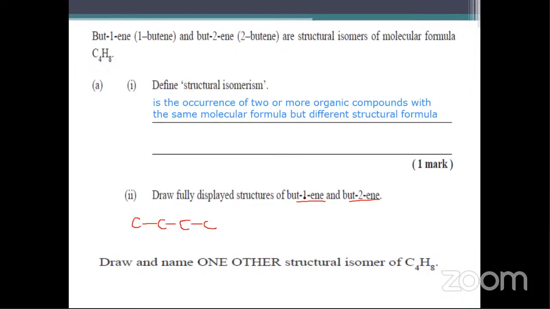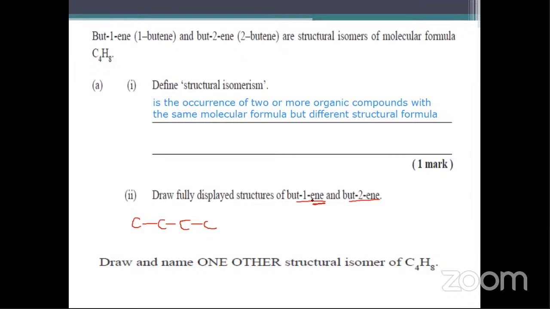Now, what does the 1 tell us? What information does the 1 give us? That a branch is there. Well, you have to notice that this is not an alkane, it's an alkene. So the number is really giving us the position of the double bond.